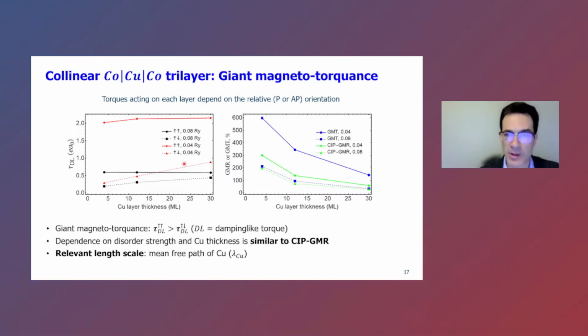This is not expected in the spin diffusion model, but the effect is very large, especially when disorder is weaker. And the giant magneto-torquance ratio can reach a few 100%. This is sort of reminiscent of the CIP GMR, and it declines with the thickness of copper.